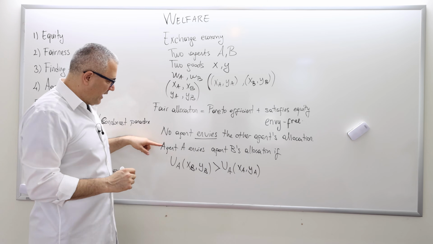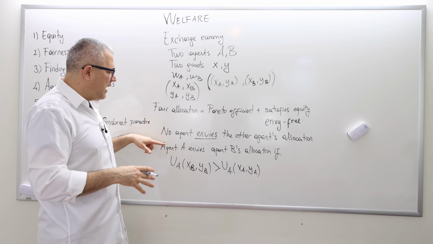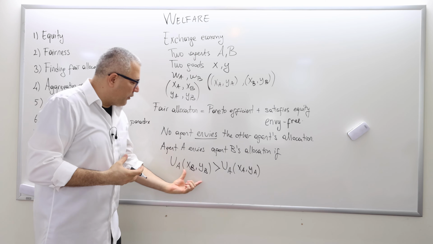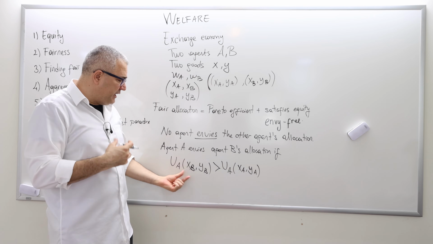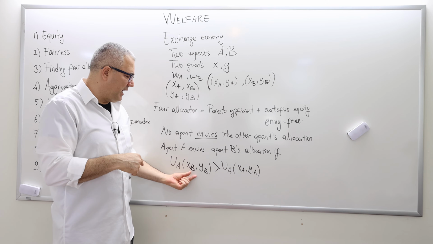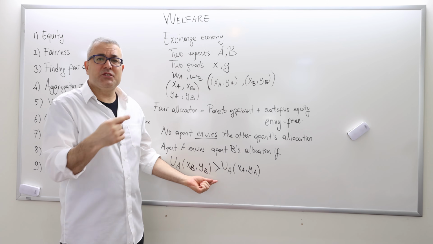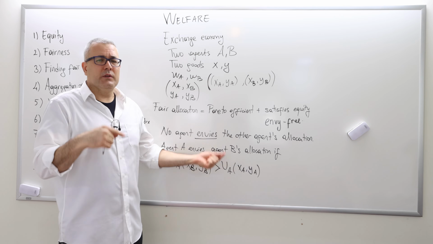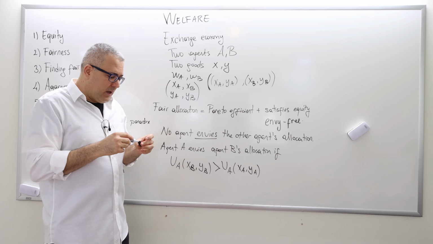All right? So once again, an agent A envies another agent's allocation means her utility when she consumes the other agent's allocation is strictly higher than her utility if she consumes her own allocation.